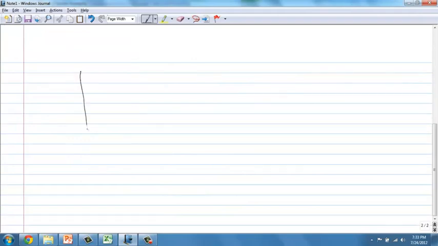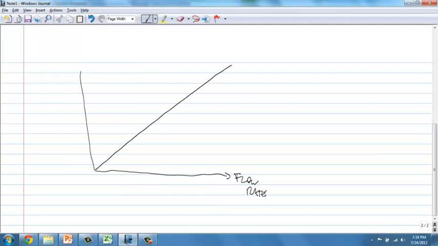Think about our business from a financial perspective. Let's plot revenue and cost as a function of flow rate. Our revenues are quite simple. They go up at a slope of $6 for every customer that we serve. Our costs, however, are a little different.